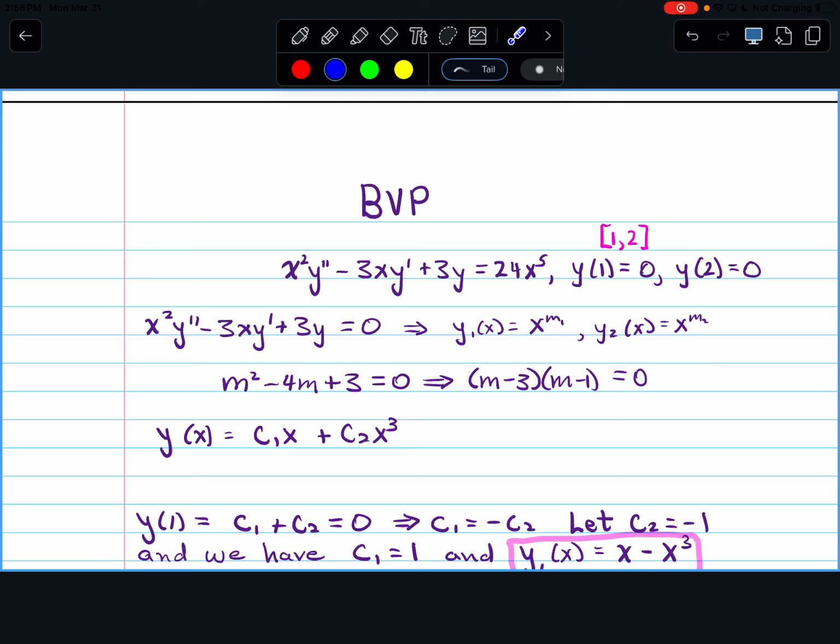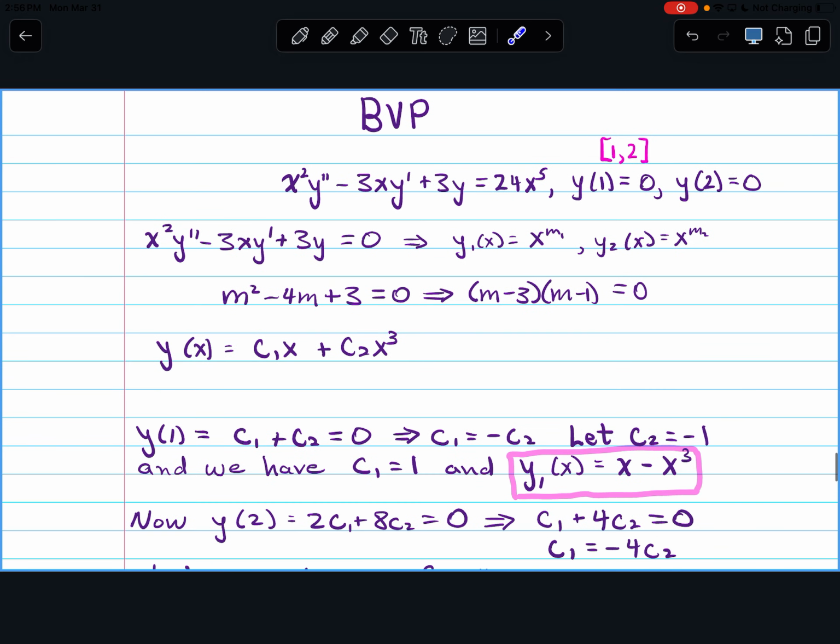Now, we've got two problems that we're going to solve here. First of all, we're going to deal with the homogeneous situation. We're going to use these boundary values up here and find C1 and C2. Notice, if I put in a 1, I get C1 plus C2 equals 0. These are just constants, and I notice that C1 equals negative C2. I can let C2 be anything I want.